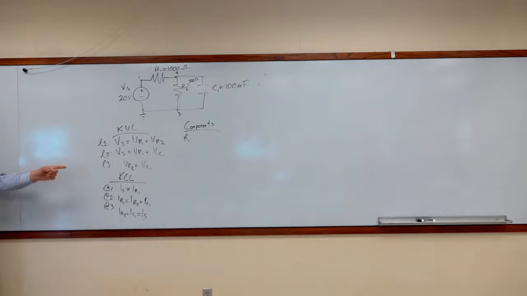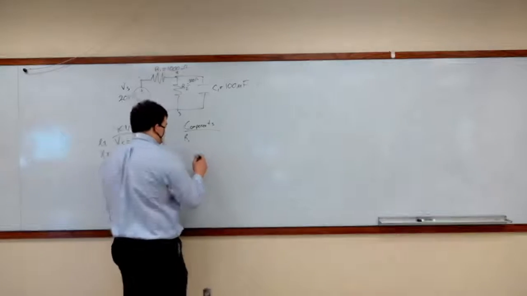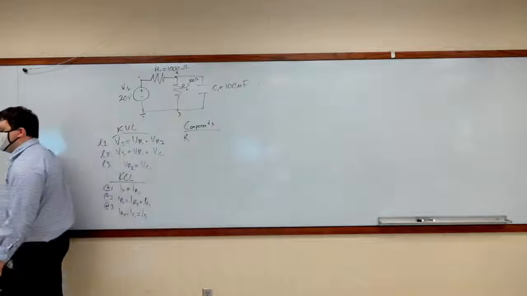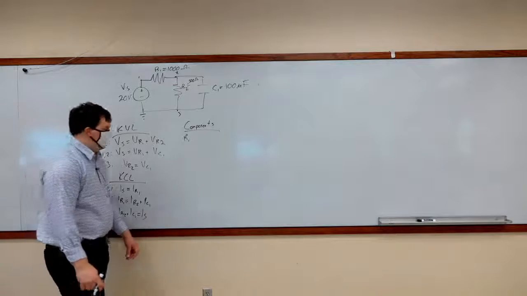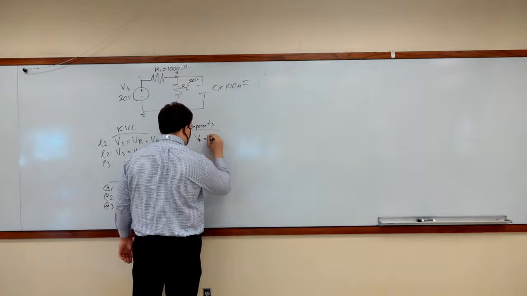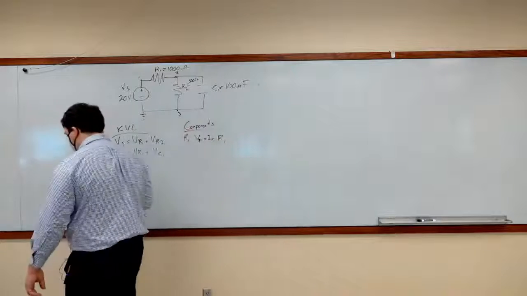It's a resistor. What's the relationship between voltage and current in a resistor? This is where you got to bring your ohms in. VR1 is equal to IR1 times R1. It's Ohm's law.